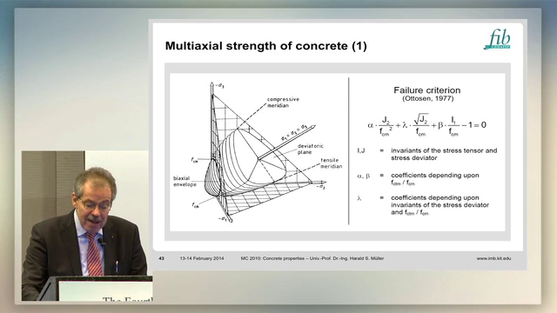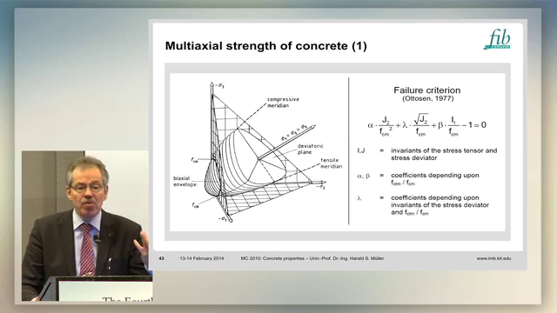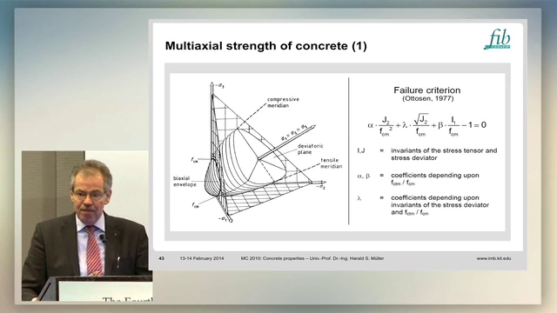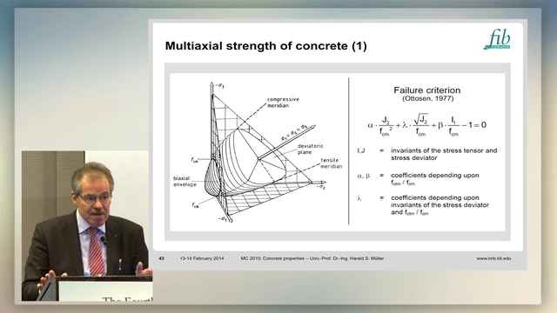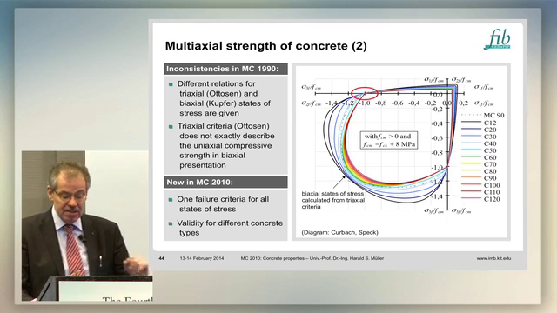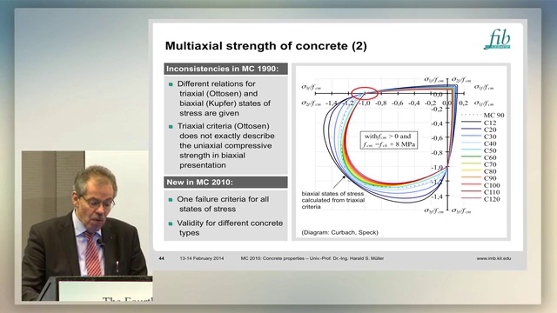And we modified this model a little bit to make it code-type. This type of modification we kept for the new model code, but we made some additional modifications to avoid some inconsistencies which had been included in Model Code 90.